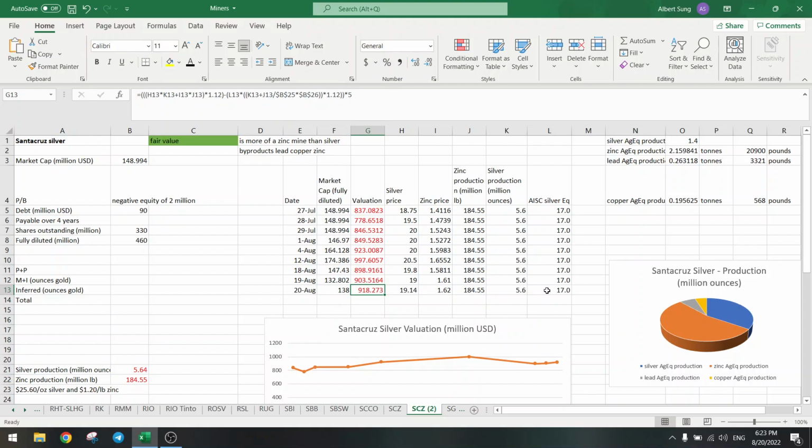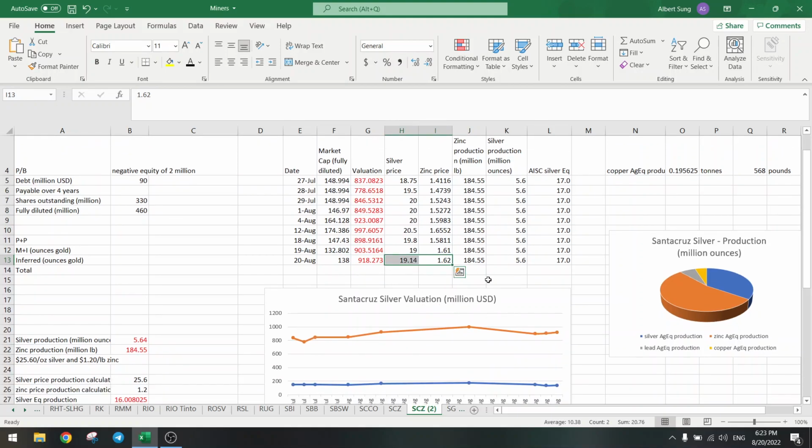We assume that this doesn't change. Of course, it can change due to energy costs and all of that. We assume that these production numbers are the same. So we can only play with the silver and zinc price. We can also play with the cost, of course, but let's do this first.